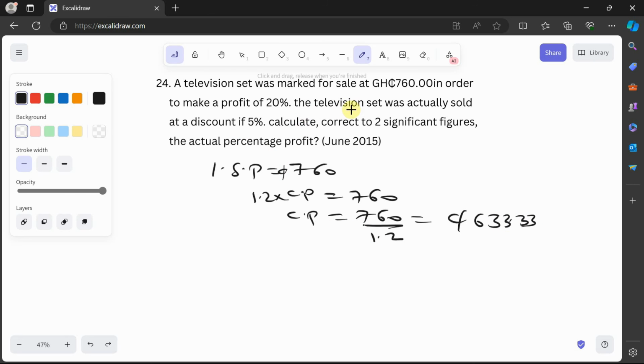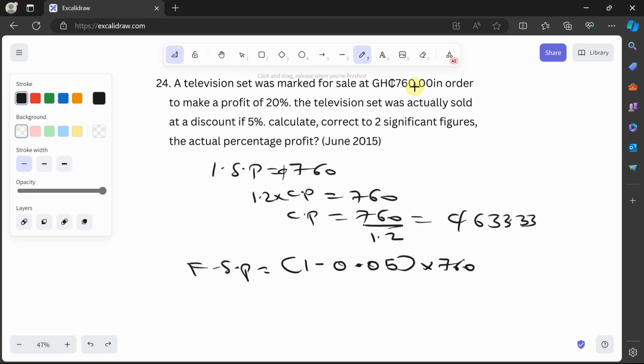Now see that the television set was actually sold at a discount of 5%. After he marked up the cost price, which was 633.33, by 20% to get 760, he now had to do a discount of 5%. So the final selling price would be 1 minus 0.05 times 760.